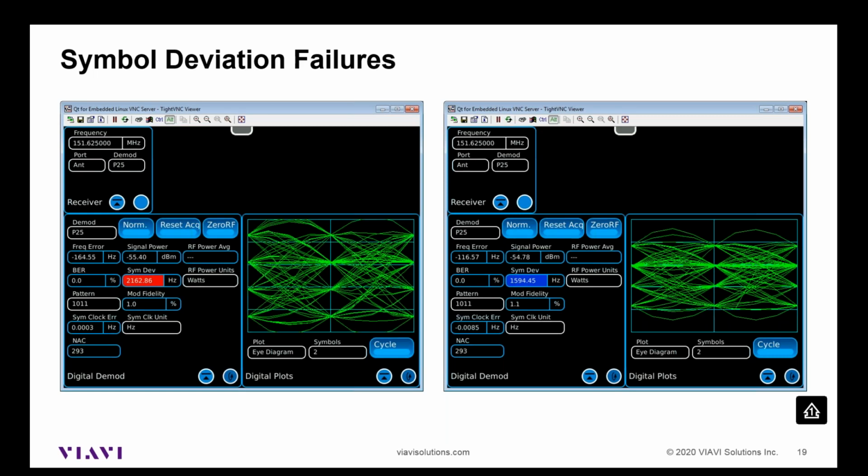So again, going back to that real life scenario of a first responder relying on that radio to be able to communicate with dispatch, they get out into the sticks, and now they cannot communicate with dispatch because that radio wasn't tested in a proper way. So being able to verify that the symbol deviation is good and that it is truly within spec is imperative.